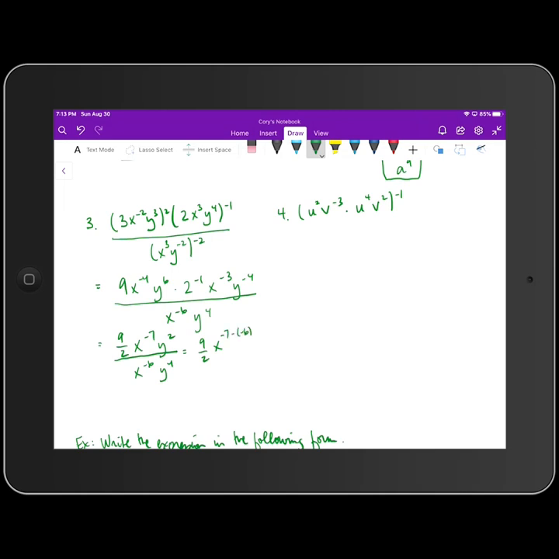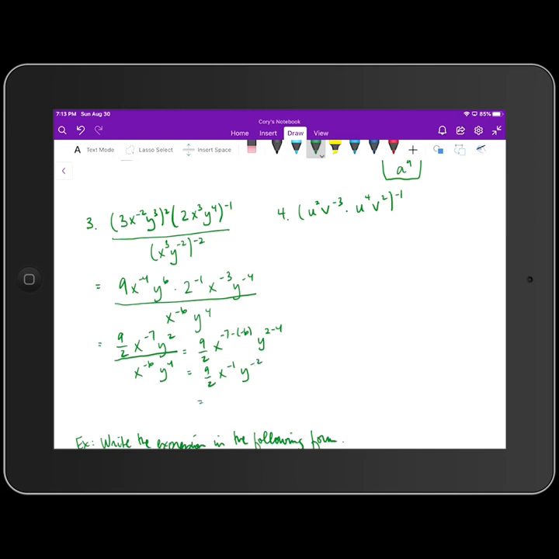So that's going to be x to the negative 7 minus negative 6. And then we do the same thing for y. So y squared over y to the 4th is y to the 2 minus 4 power, which is going to make 9/2. The exponent for x becomes negative 1. The exponent for y becomes negative 2.